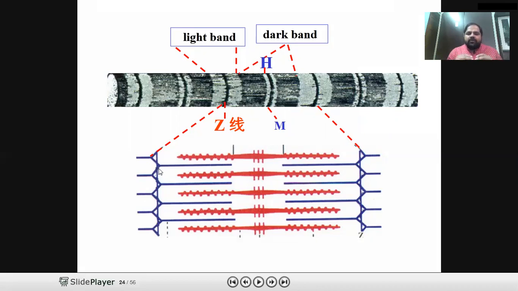So the sliding of actin over the myosin helps the contraction and relaxation of these proteins, or we can say ultimately the muscle fiber. So what happens when this Z line goes towards this M line? There will be contraction. But when this Z line goes to the opposite side of this M or middle line, then it helps in the relaxation of the muscle.